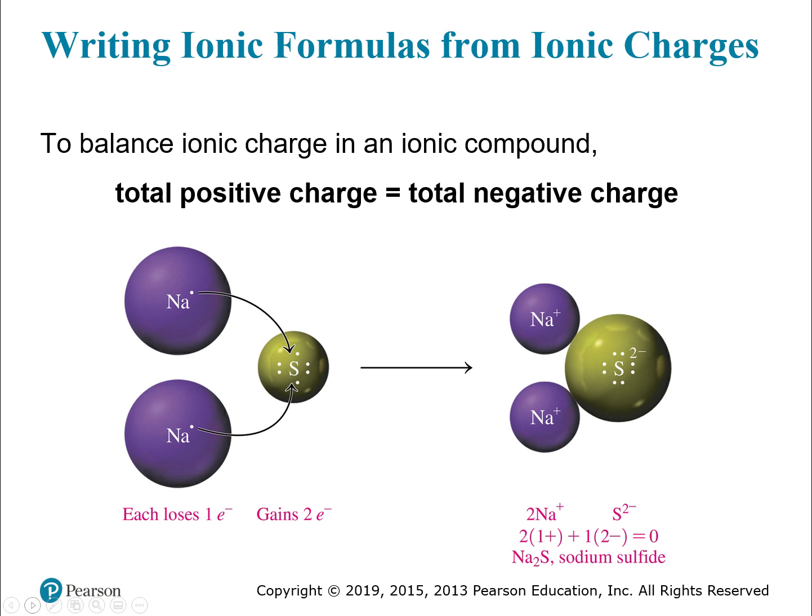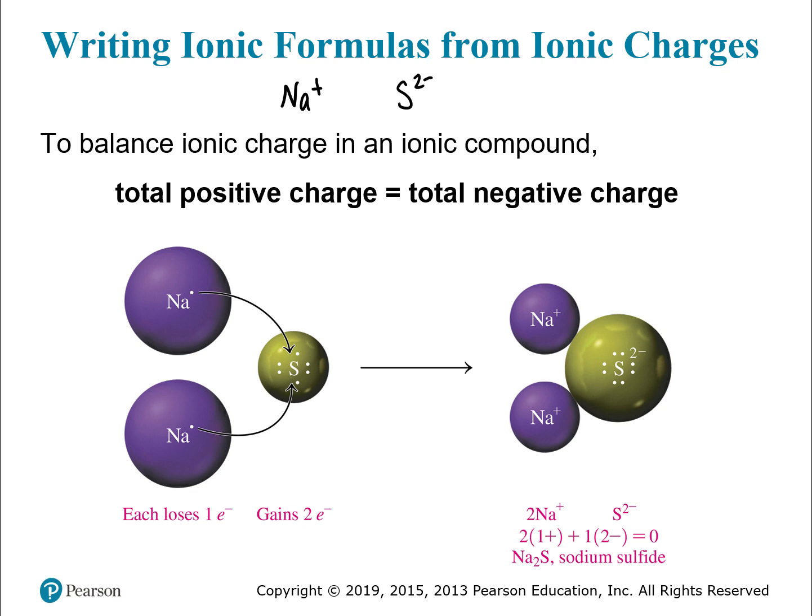This is another example. So we're talking about how we can write these formulas and make sure that the total charge is 0. Let's say that we want to make a compound using sodium ions and sulfide ions. Well, sodium only has 1 electron to donate. That's not enough for sulfur.